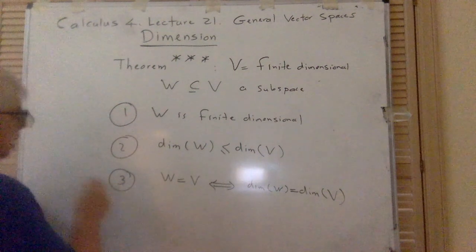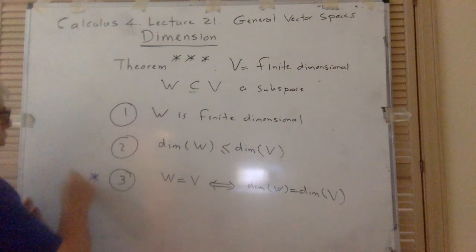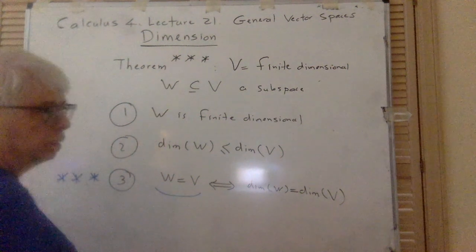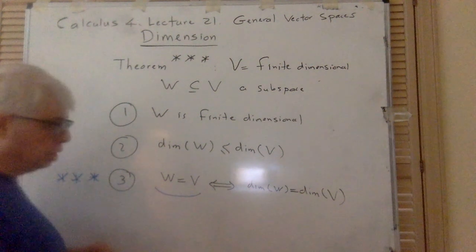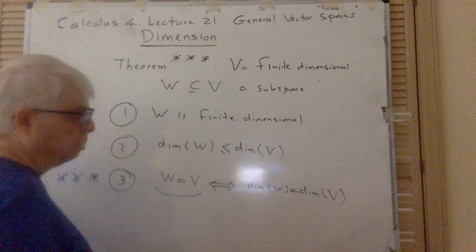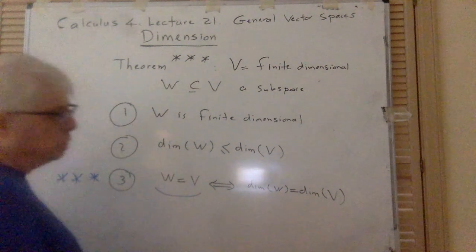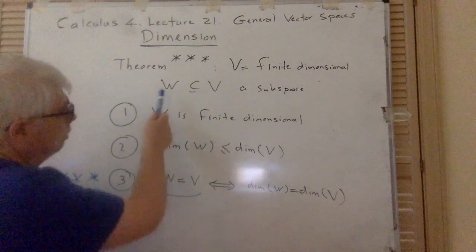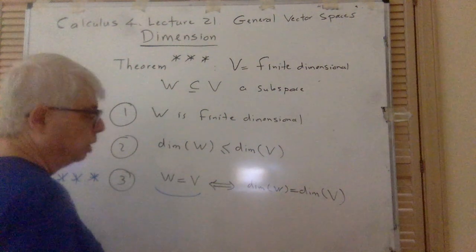You see, in mathematics, it's not easy to prove that two entities are the same. This theorem tells me just check the dimensions, and if one of them is inside the other one, then they are the same.